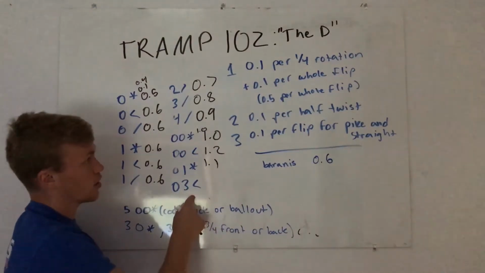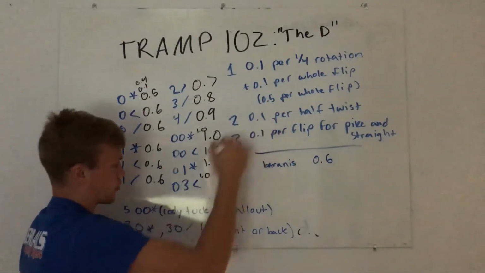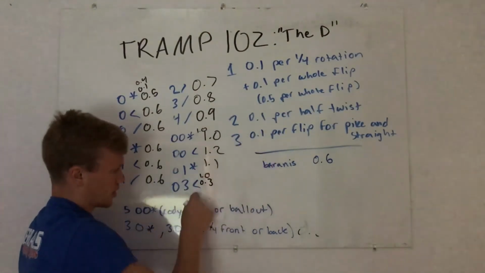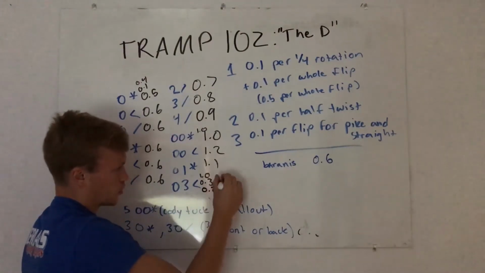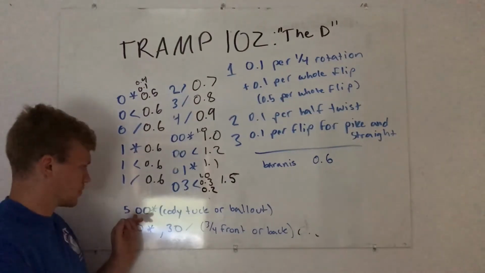A Rudy out pike, we're going to start at 1.0, then we're going to add 0.3 for 3 half twists, then we're going to add 0.2 because it's in the pike position, which puts us at 1.5. Okay, a couple interesting tricks here.